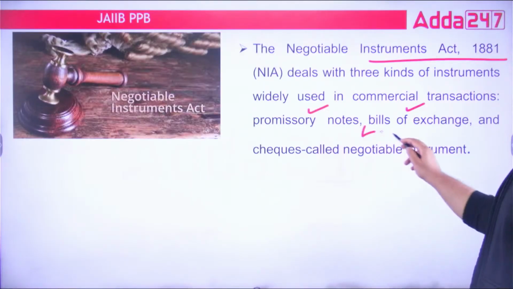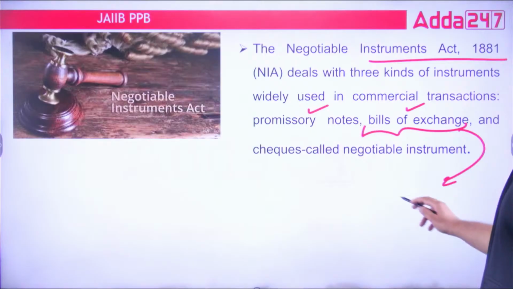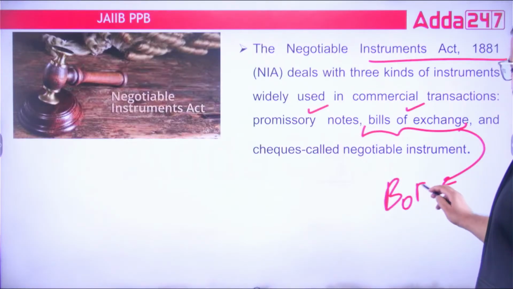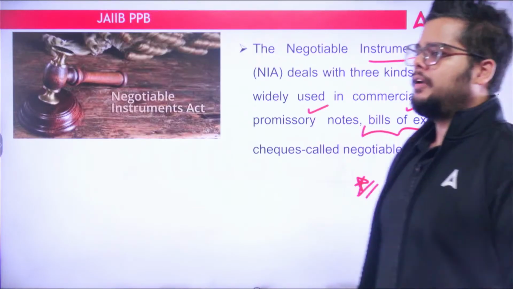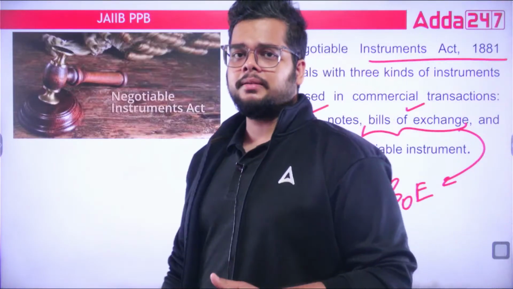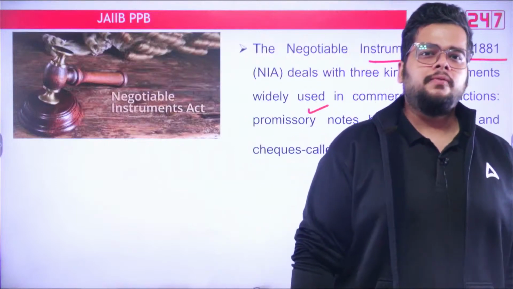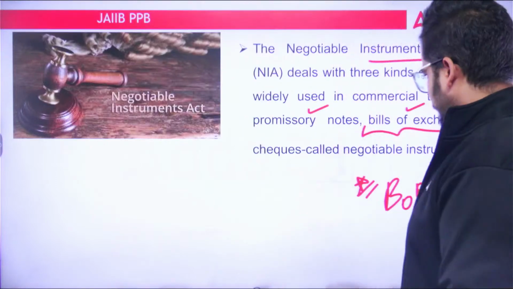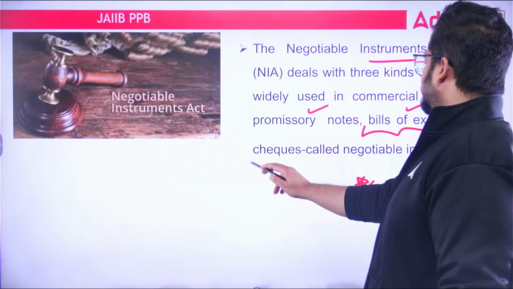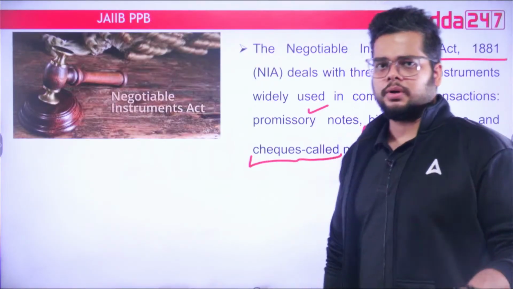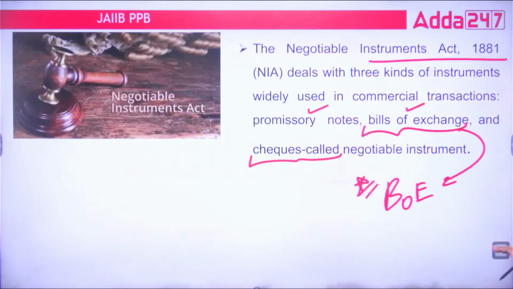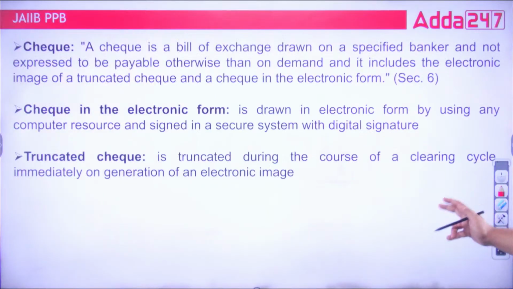The process flow from bills of exchange is very important. Mark this, quite important, because a direct question has already been asked, and for the November 2025 examination we can expect one question directly from bills of exchange, plus the check. So check, P note along with bills of exchange form the negotiable instruments.